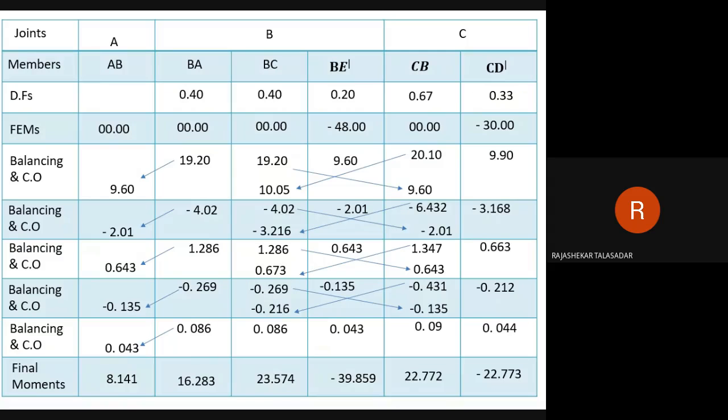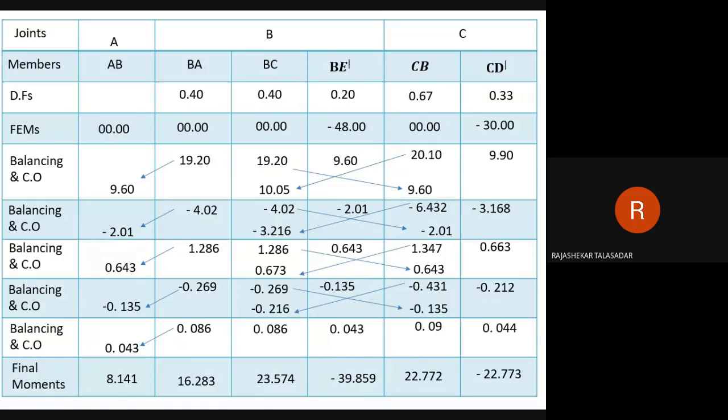Similarly, again coming to this, the unbalanced moment for this is 0, this is minus 3.216, this is 0. So plus 3.216 will be the balancing moment. Plus 3.216 into 0.4 comes 1.286. Plus 3.216 into 0.4 comes again. Plus 3.216 into 0.2 will be 0.643.